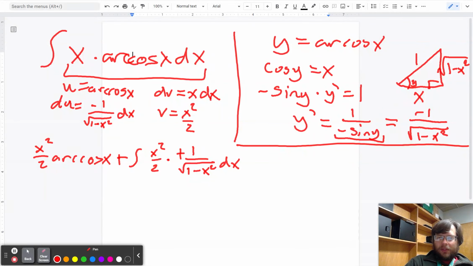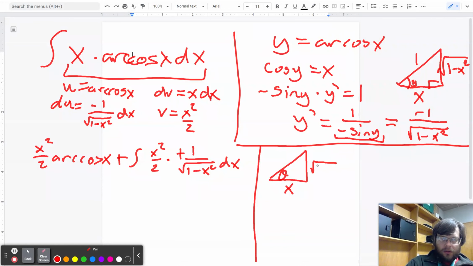So this triangle over here will still be useful. I'm just going to rename the y value as theta. So let's see if this works out. So I've got theta, x, root 1 minus x squared, 1.